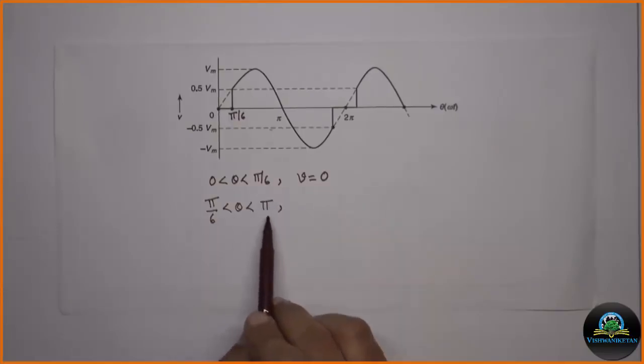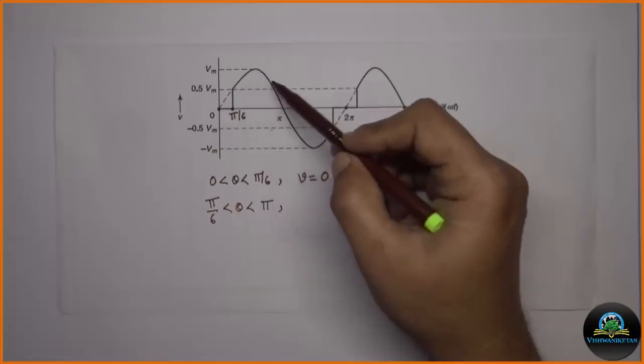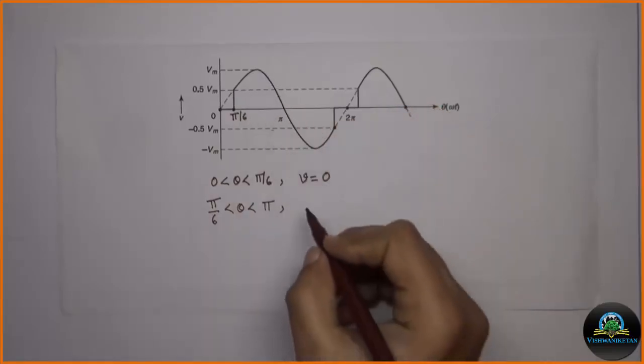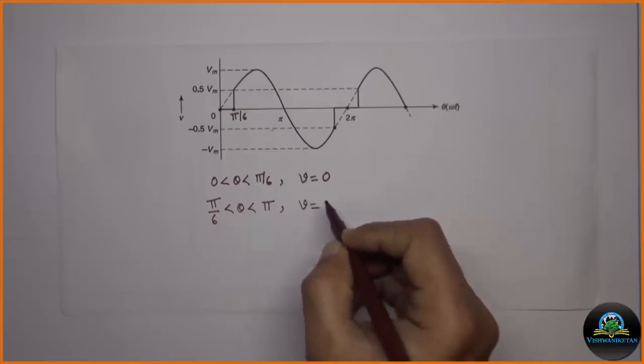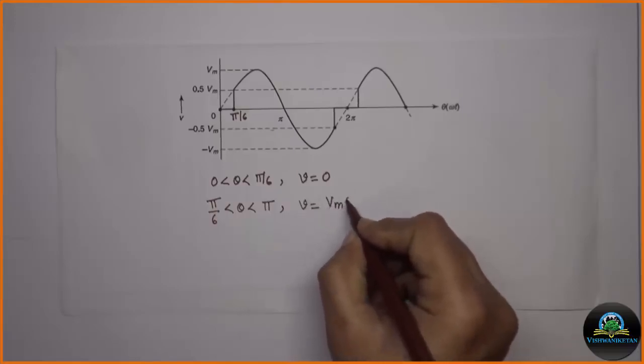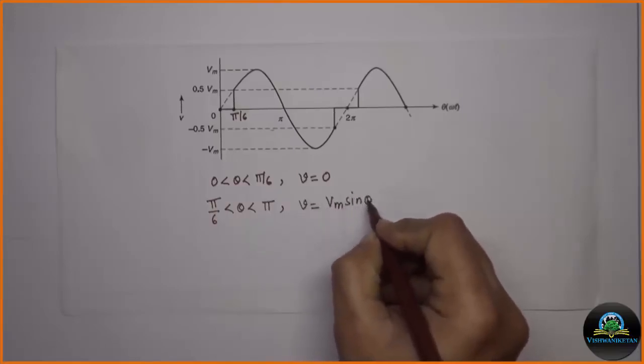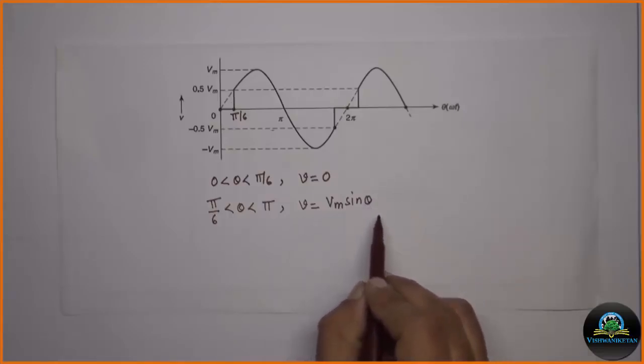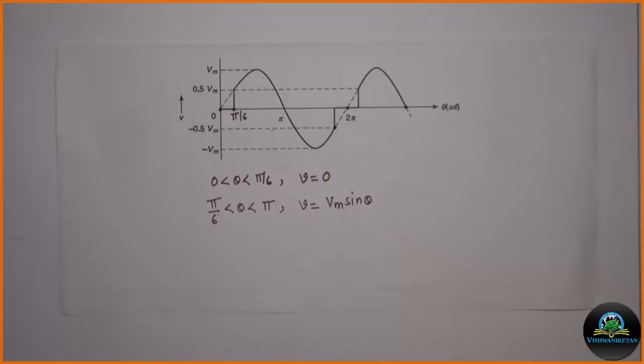From pi by 6 to pi, the waveform is behaving as sine waveform. Hence, the equation of voltage during this period is V is equal to Vm sin theta, which is the waveform equation of standard sinusoidal waveform. Now let us calculate the Vrms value.